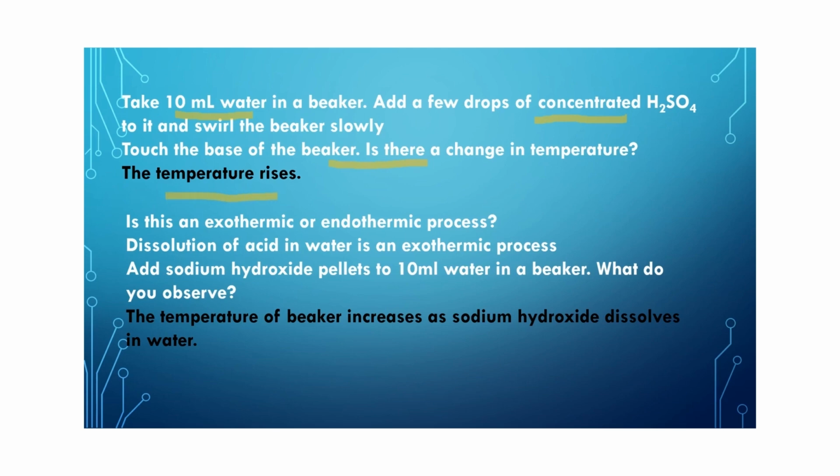You will observe the base of the beaker becomes hot. Why? Because heat is given out, which means this is an exothermic reaction. So when you are preparing a solution of acid in water, the reaction is exothermic, it produces heat, right?